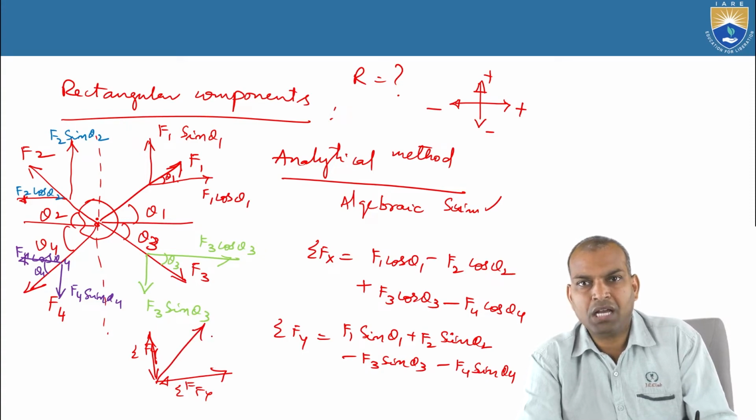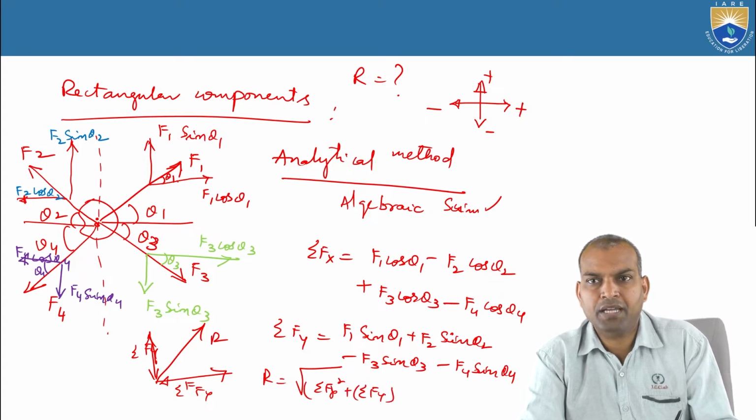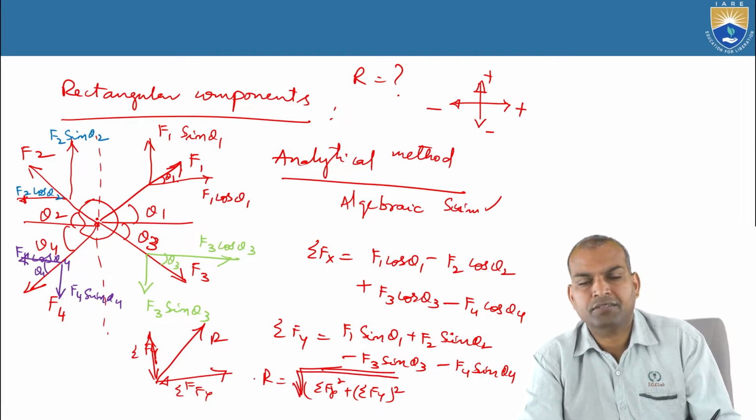The resultant force R equals the diagonal: R equals the square root of sigma Fx squared plus sigma Fy squared. This is the resultant force.